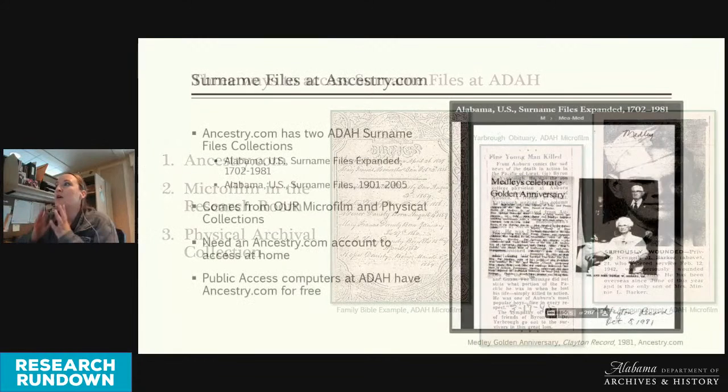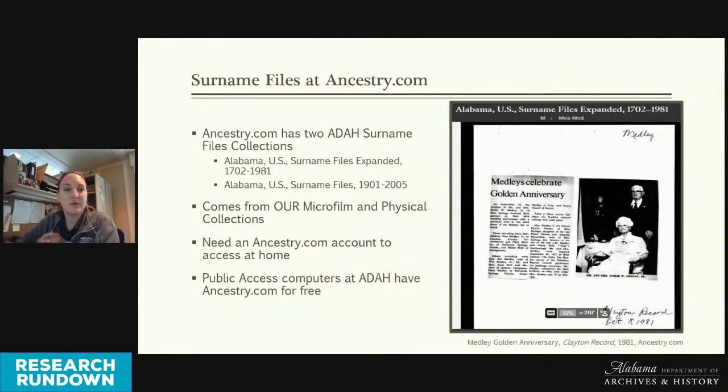Okay, so I'm going to talk about each way that you can access the surname files, so that if any of you here decide that you want to start looking at these, you can do so any of the 3 ways that we're going to talk about, and hopefully you will be very prepared to do so. So first, let's talk about surname files on Ancestry.